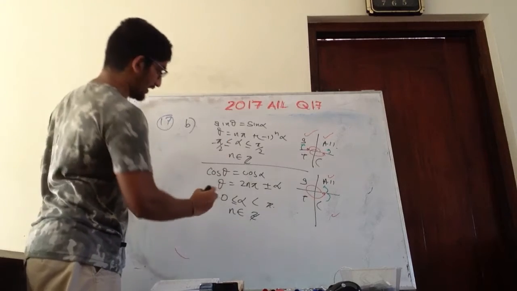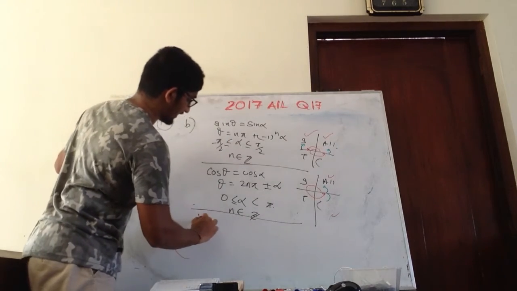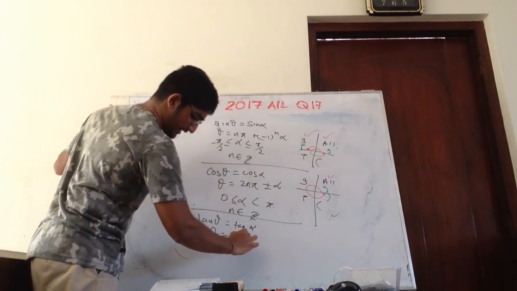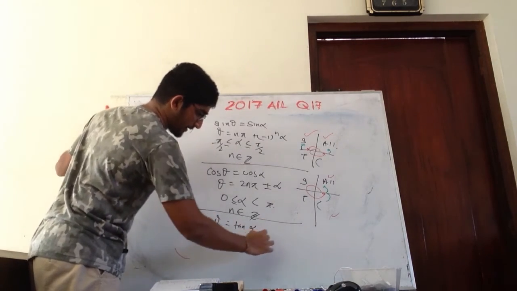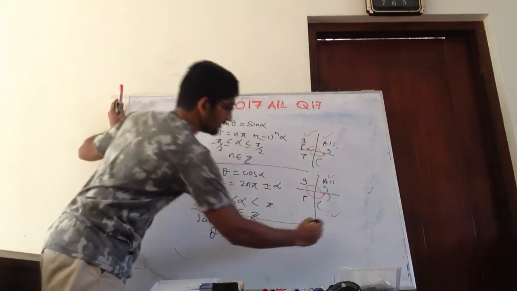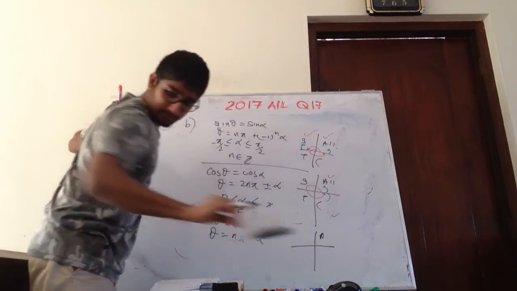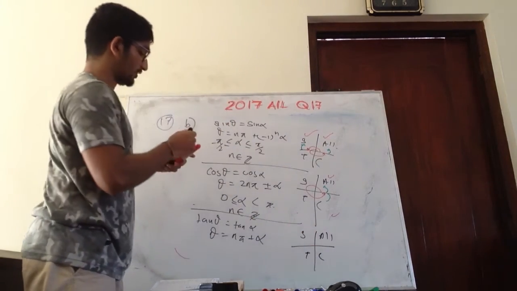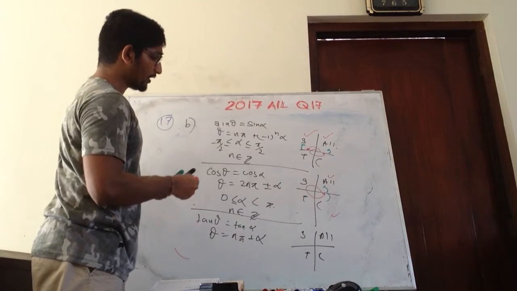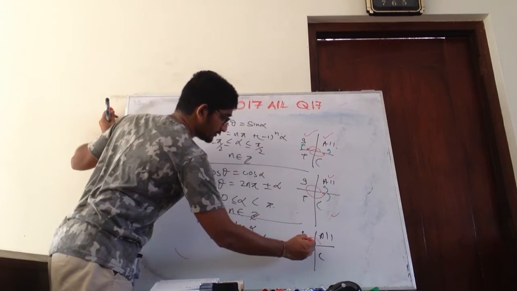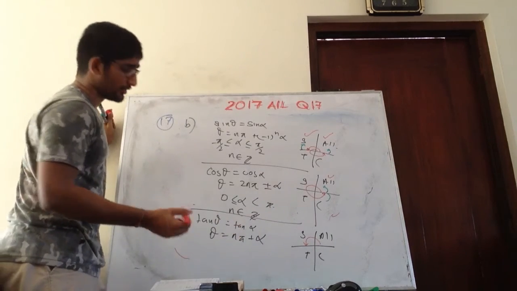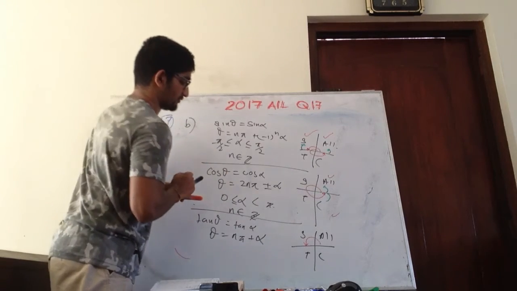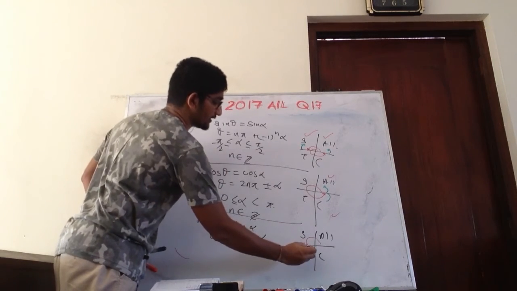And then the last one is tan theta equals tan alpha. You will get theta as n pi plus alpha. So here again, in ASTC, n pi is here, so you need to add another alpha, a positive one, and you will get here.